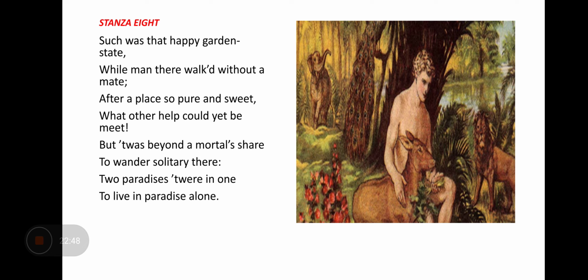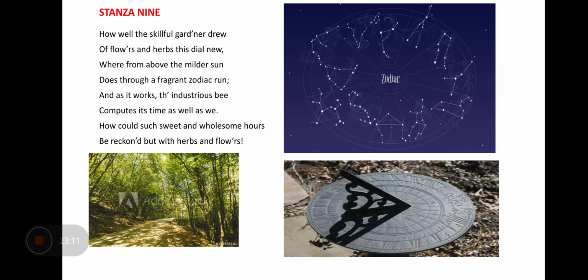And he says that there are two gardens here. The poet is enjoying two gardens. The first one is the loneliness, and the second one is the garden like paradise. Therefore, two paradises there in one, to live in paradise alone, as the poet says at the end of this stanza.